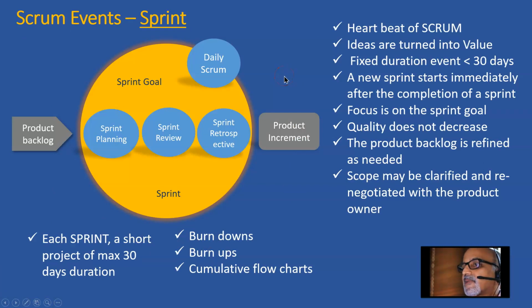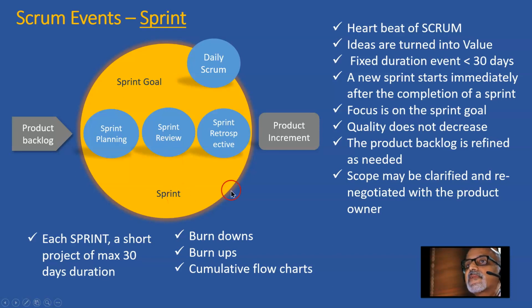So we discussed the roles of the product owner, the development team, and the Scrum Master. We discussed the roles of the Scrum Master to the development team, to the organization, and to the product owner. Now let us get into the Scrum events. The main event is the sprint.